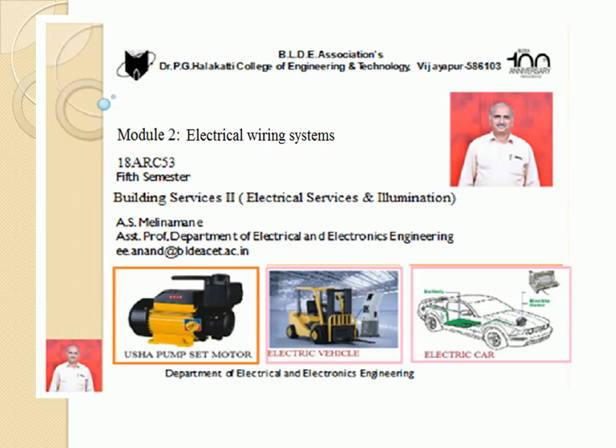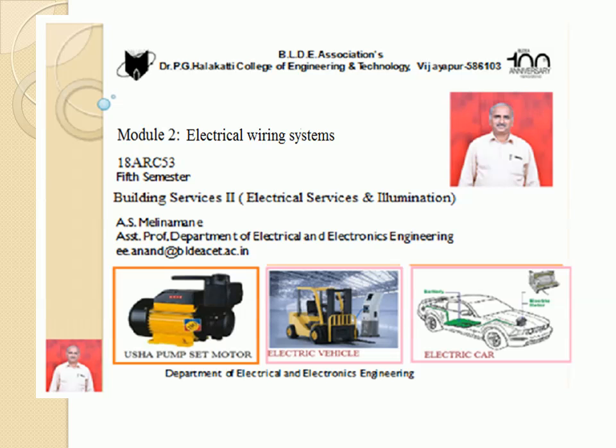It is also a well-known fact that we mainly use it for lighting and domestic applications in houses, and for many types of industrial drives, either AC drives or DC drives. With the proper functioning of the motor, industrial output can be achieved. All these applications need wiring.